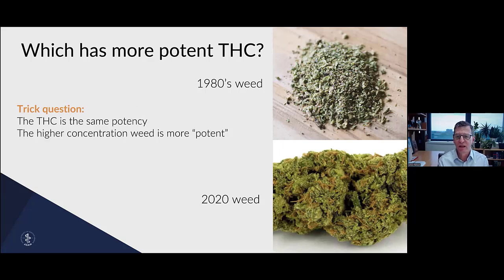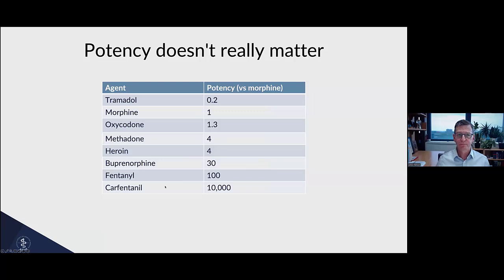But people often say that 2020 weed is more potent than 1980s weed. It's true that there's more drug per gram of product, but the THC itself is exactly the same. So don't confuse potency with concentration, because we really should say that the concentration of THC is higher today than it was 40 years ago.